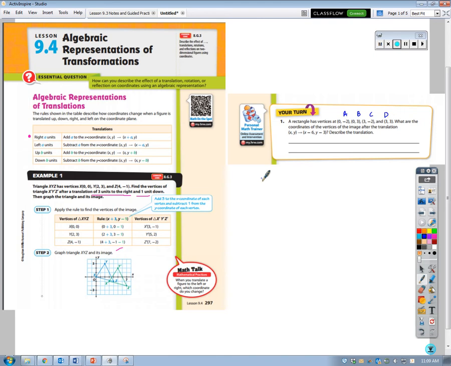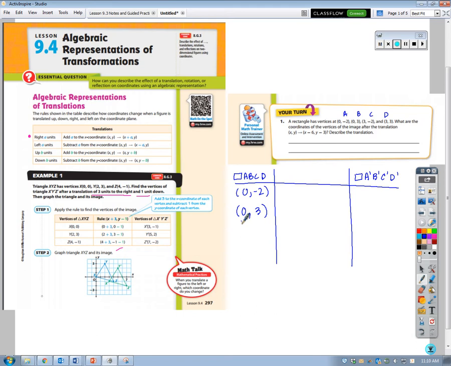And then I'm gonna make a table just like they did. So I've got my rectangle A, B, C, D, and then this is going to be my rectangle A prime, B prime, C prime, and D prime. So that's just kind of ordering that for me a little bit. And then I'm going to put my points in here. So I'm going to say this is A, so I've got 0 and negative 2. Then I've got 0 and 3.